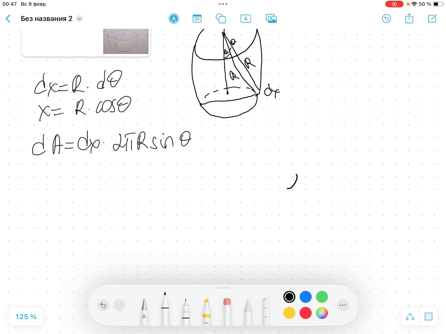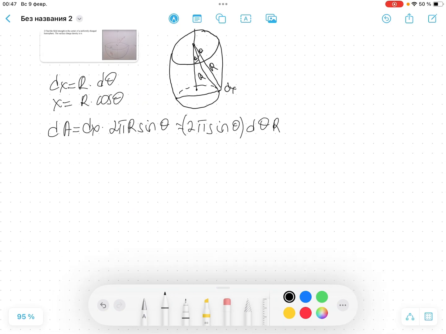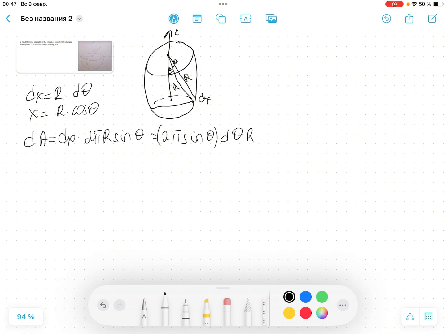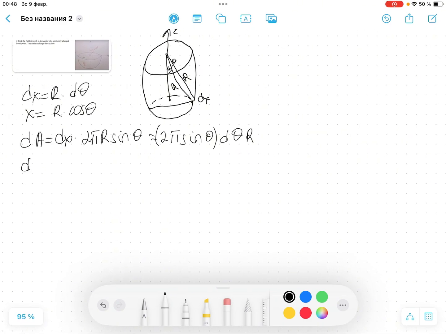Then we have a very small amount of charge equal to sigma multiplied by the little area, which is sigma multiplied by 2πr sine theta, and the radius r d theta, and it's our small amount of charge in the area.